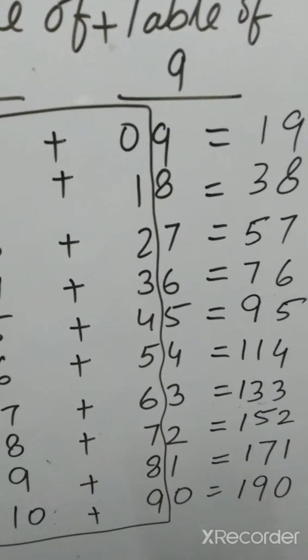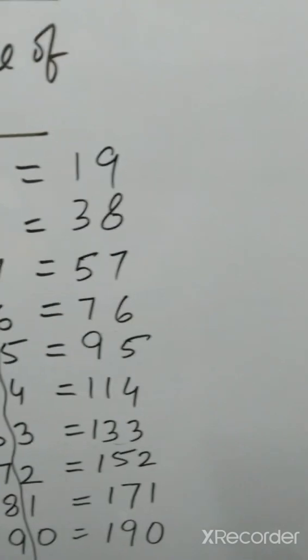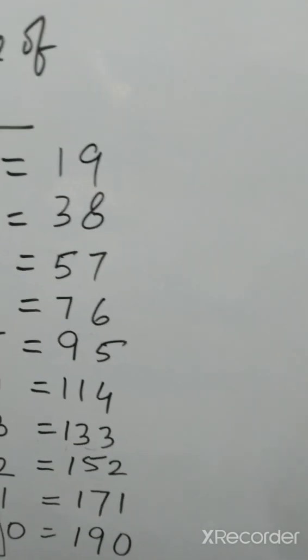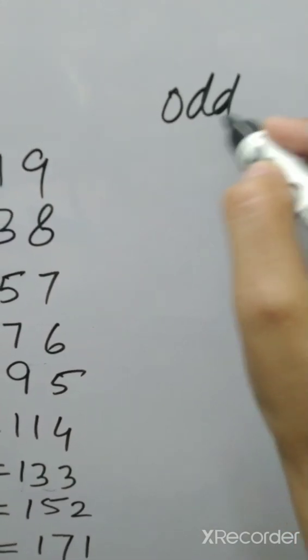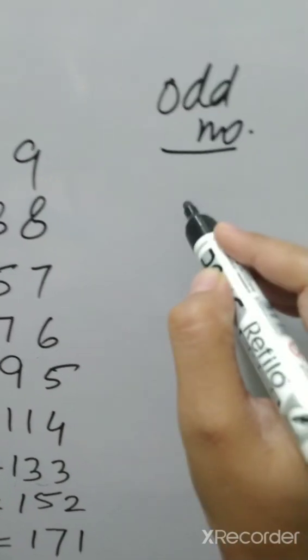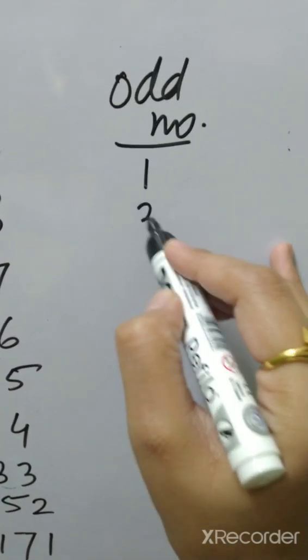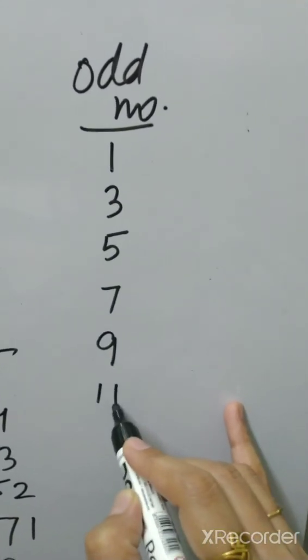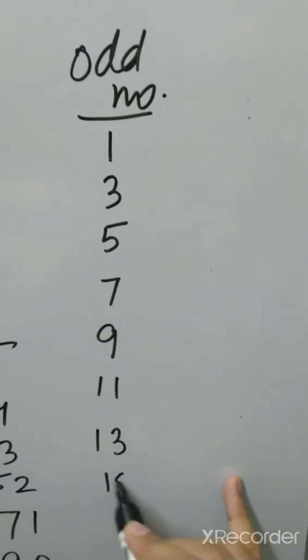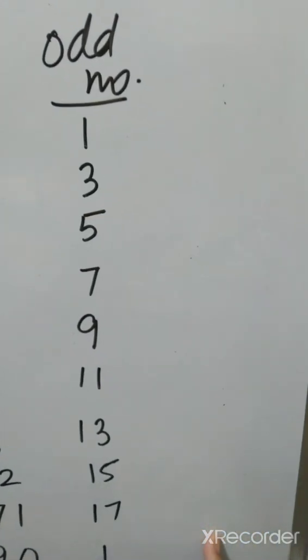One more way of writing the table of 19 is, I would say, rather easier one, is first you have to write odd numbers. See, starting with 1, 1, 3, 5, 7, 9, 11, 13, 15, 17, 19.